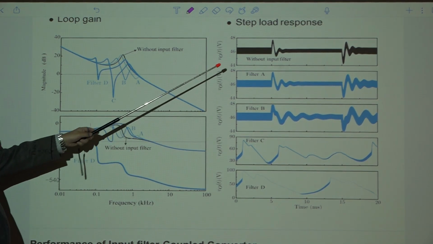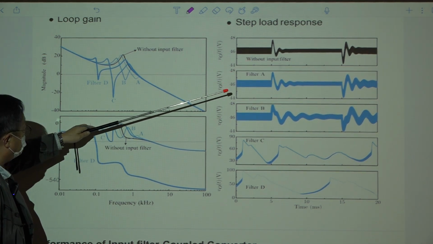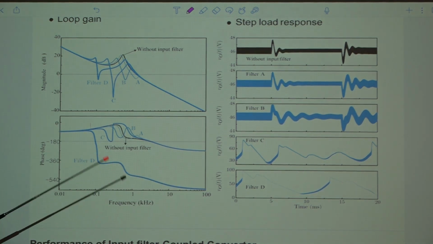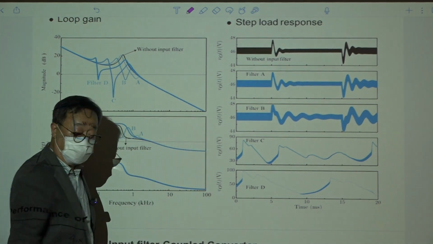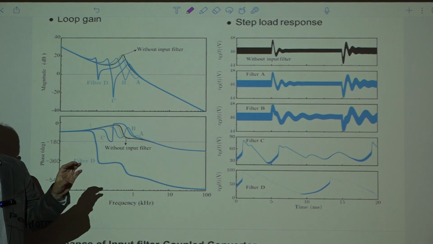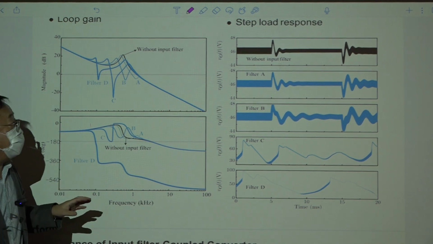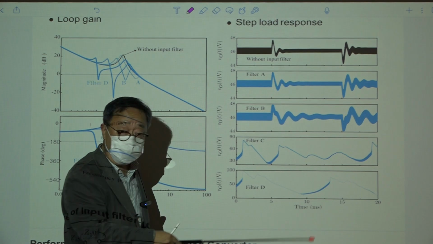So this is the case of step load response. I don't know what kind of step load I introduced with some step load change. This is the performance of the uncoupled converter. Stable, right? But this is not good characteristics. It has this relatively large peak, some oscillatory behavior.